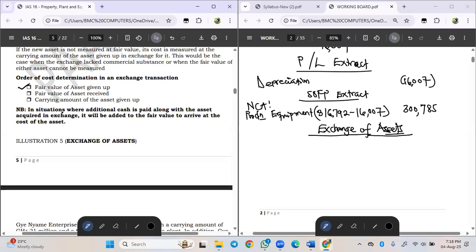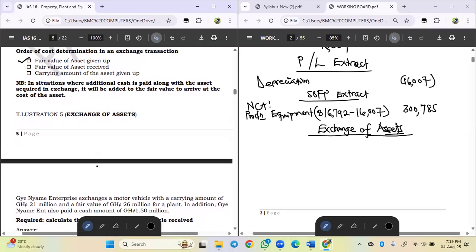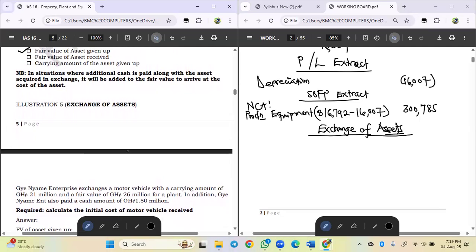So let's say company A is having plants, and they want to acquire a land that belongs to company B. Now the plants that company A will give up in exchange for the asset from company B, we are going to measure the asset that belongs to company B, that's land or is it plant. Let's use this particular example illustration, because maybe I might confuse you.